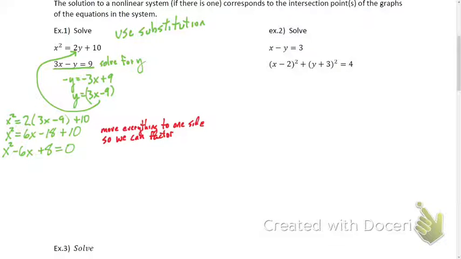We need two numbers that multiply to 8, but add to negative 6. And those are negative 4 and negative 2. So x equals 4 and 2. Don't stop there. We need y. We need to know where these two things cross. So let's plug in 4. I'm going to plug it into the easier equation.